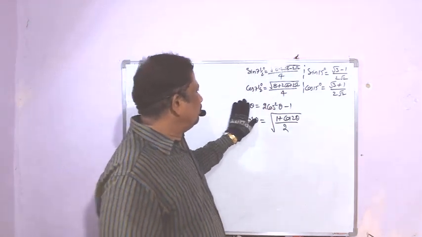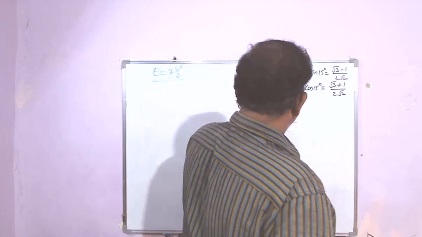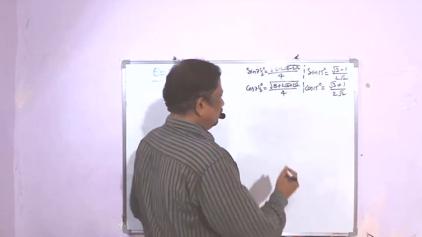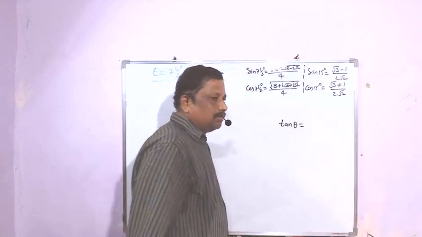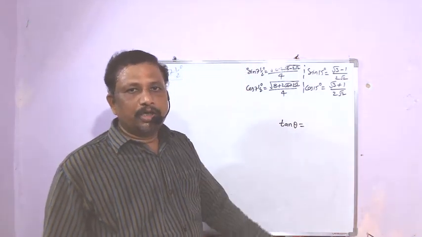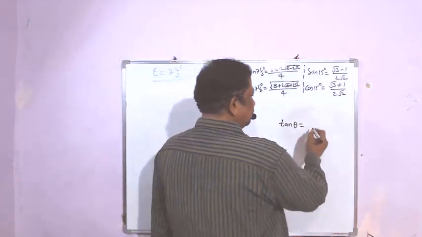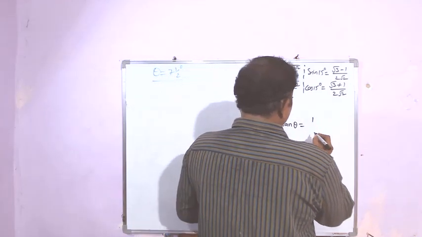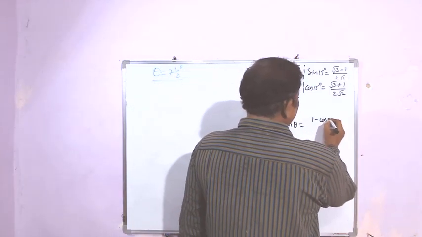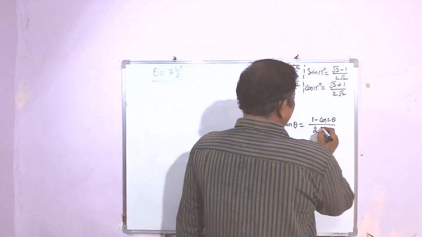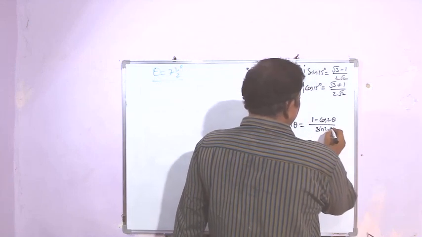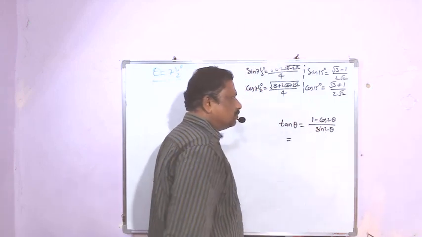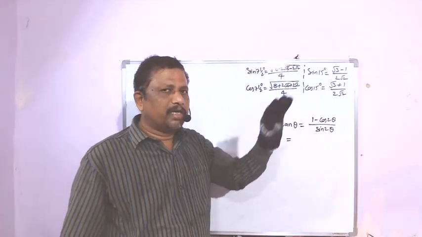So before that we will see one formula here. Tan theta, in terms of 2 theta we will write. So you see 1 minus cos 2 theta by sin 2 theta. Now carefully observe, 1 minus cos 2 theta can be converted in terms of sin.